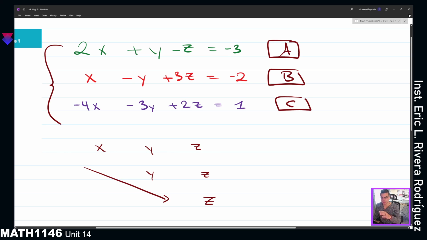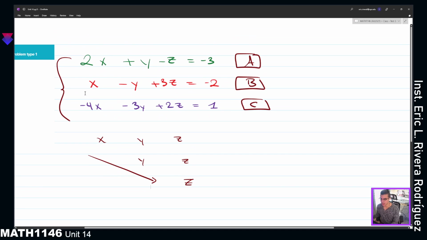It doesn't matter if the equation with just one variable is at the top or in the middle. The important thing is that at least one equation has just one unknown variable, the other one has just two unknown variables, and the third one has the three unknown variables.